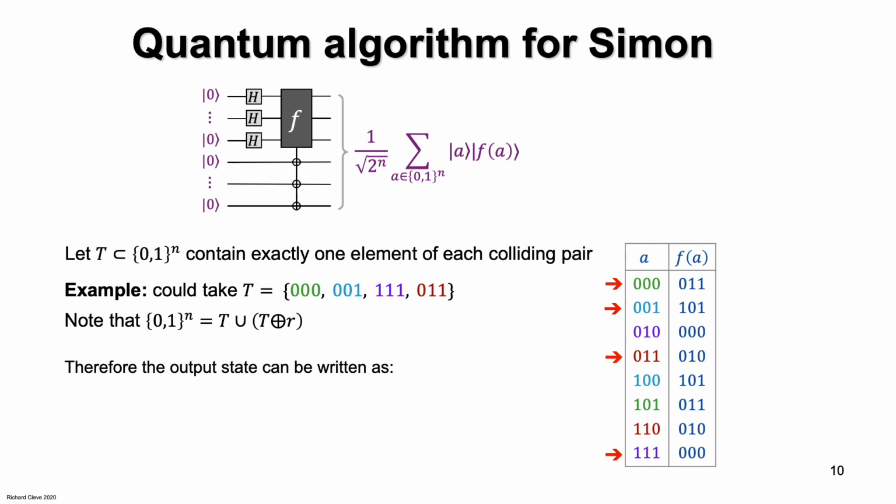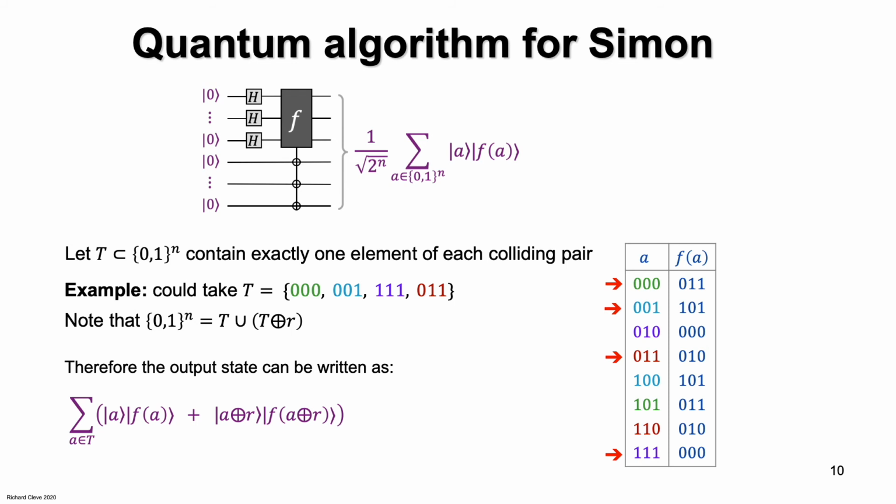Therefore, we can rewrite the output state this way, where we are only summing over the elements of T, but for each A in T, we include two terms, one for A and one for A XOR R. So, writing the sum this way includes all the terms in the original sum.